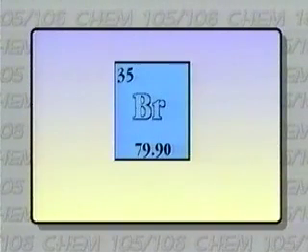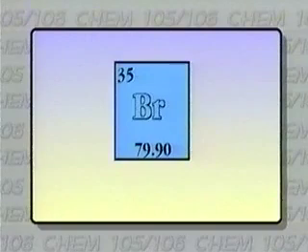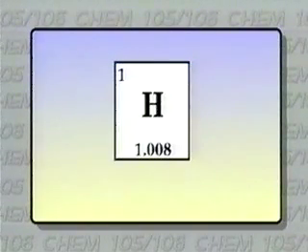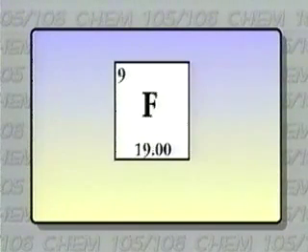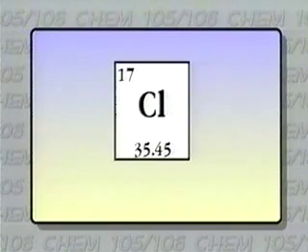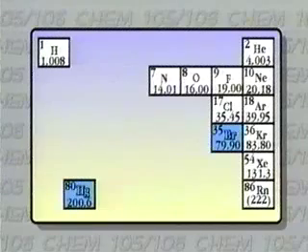The rest of them either exist as gases or solids, and just to give us some reference, hydrogen is a gas, nitrogen, oxygen, fluorine and chlorine, and then this last column over here called the noble gases.